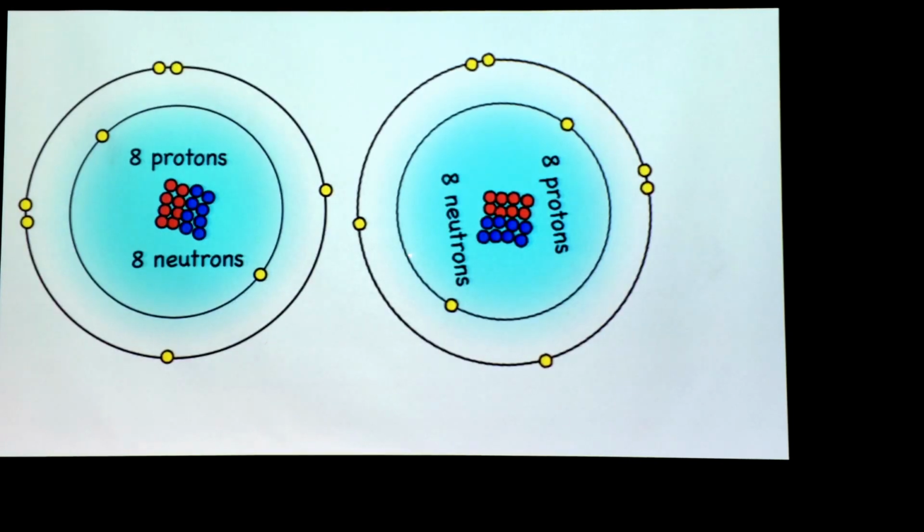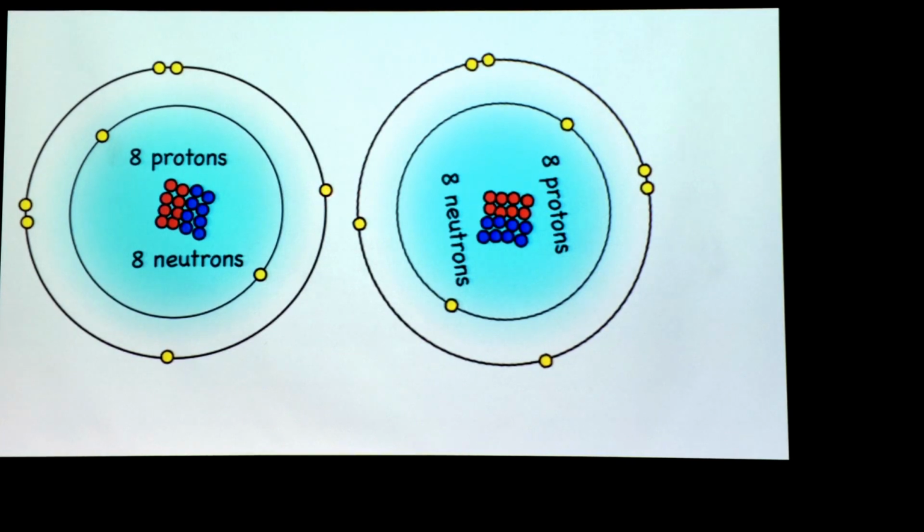Let's take a look. The one on the left has 8, the one on the right has 8. But if they share, this one will actually have 9 electrons, and this one will also have 9, because they're both sharing one of each other's.